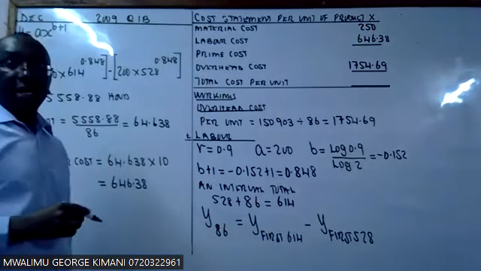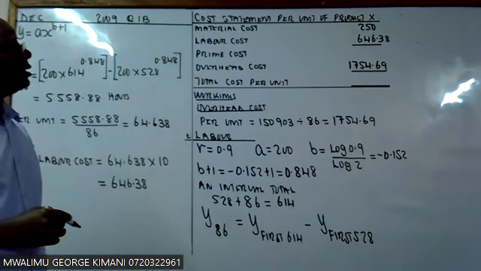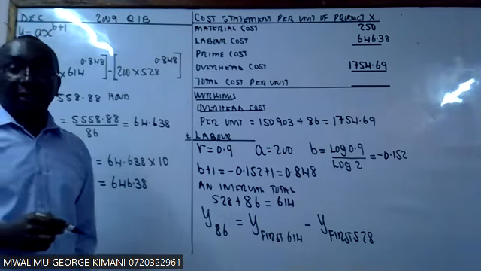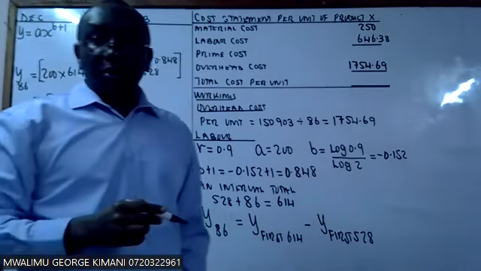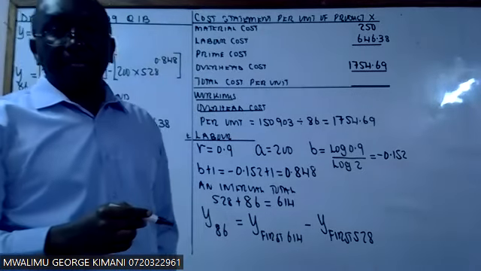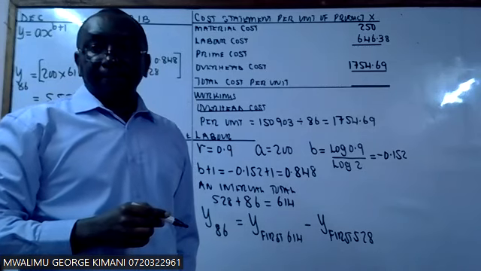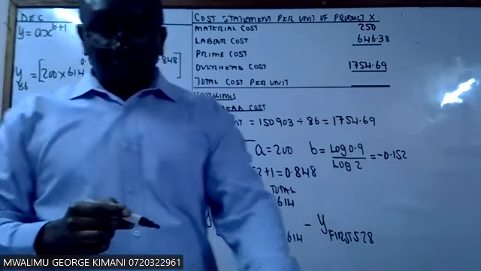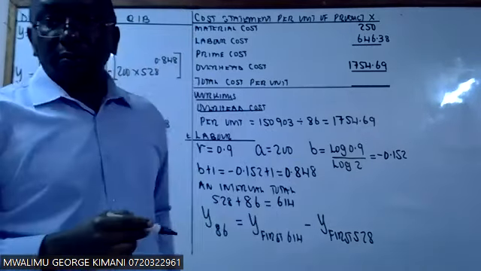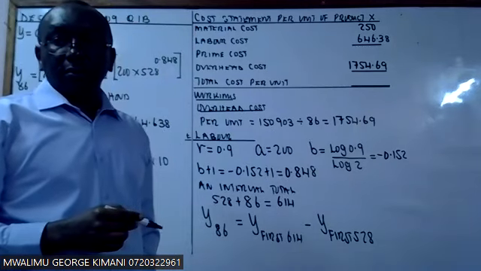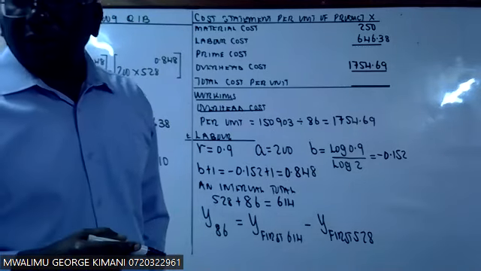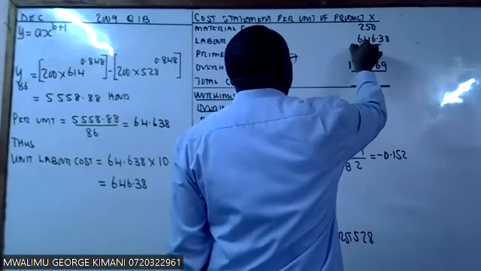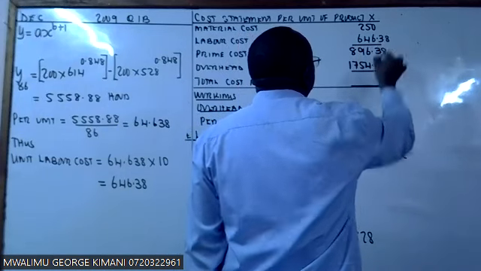So add that and you tell me what will be the prime cost. 250 plus 646.38. Tell me what will be the prime cost. 896.38.